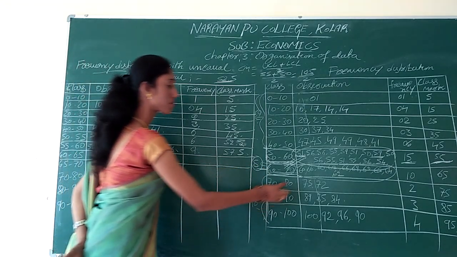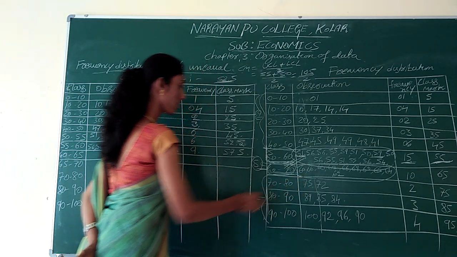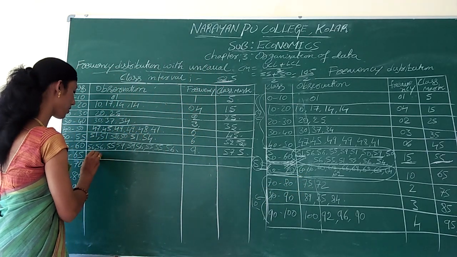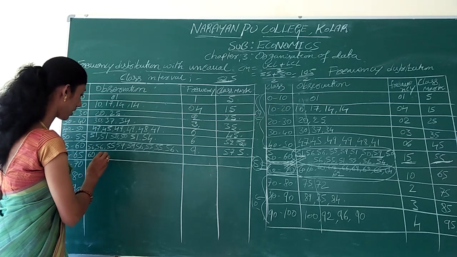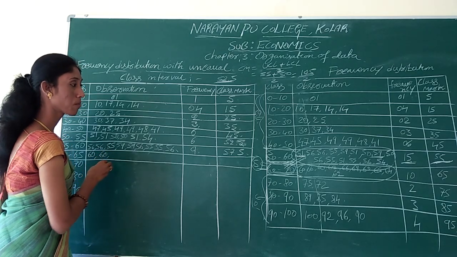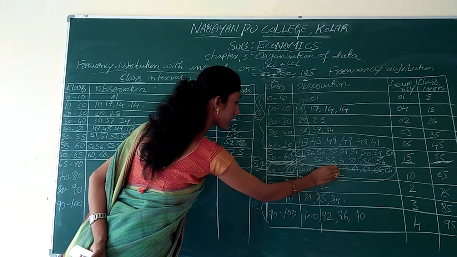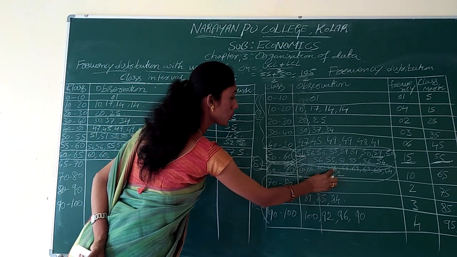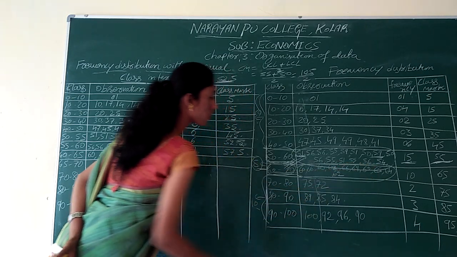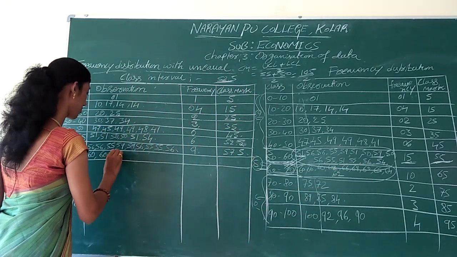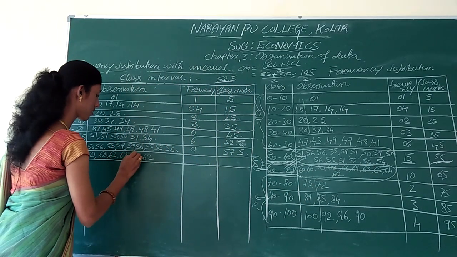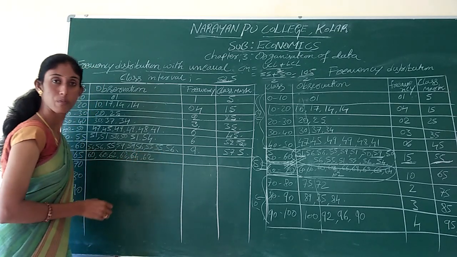Here come to your 60. The observations are 60, again 60, 62, 62, 62, 64, 64, 62.